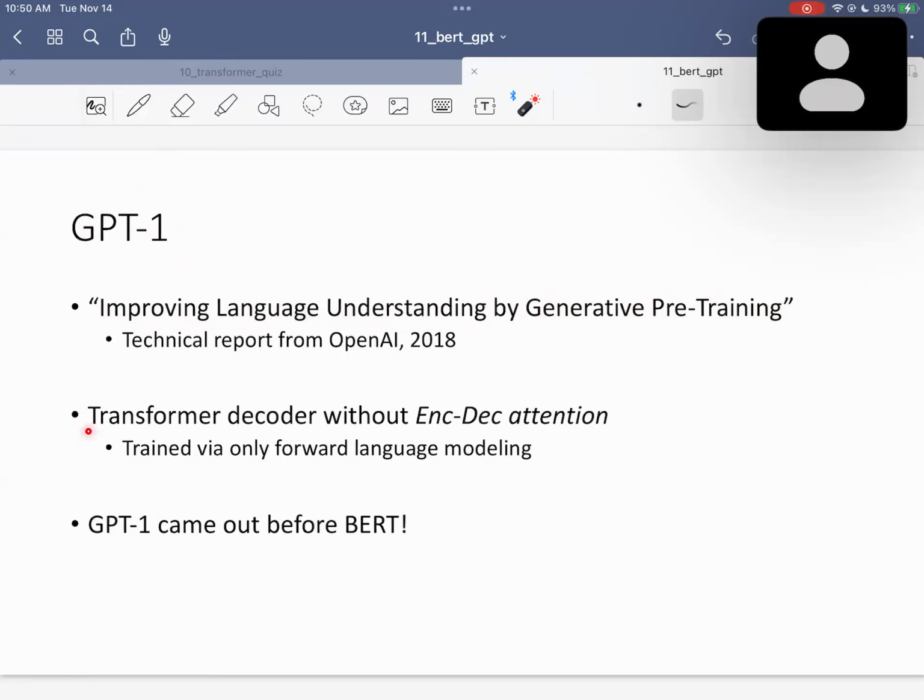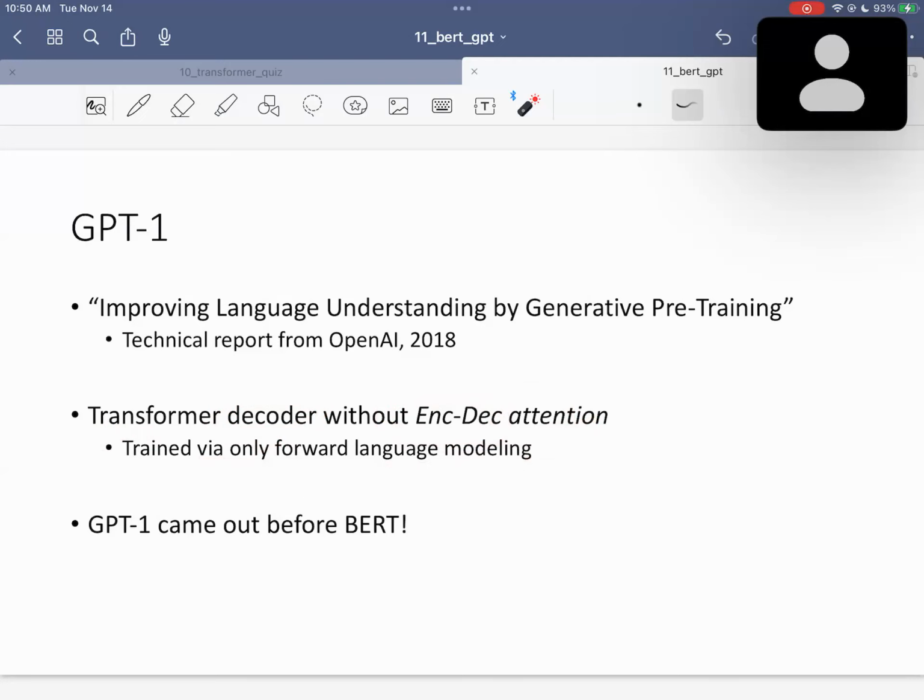So GPT is a transformer decoder only. It's a decoder because it's a generative model. You only need to generate text. It's not like you're doing a translation, right? So GPT-1 is a decoder only model, and it doesn't need encoder decoder attention, obviously, because we don't have an encoder. So it's trained by only forward language modeling.